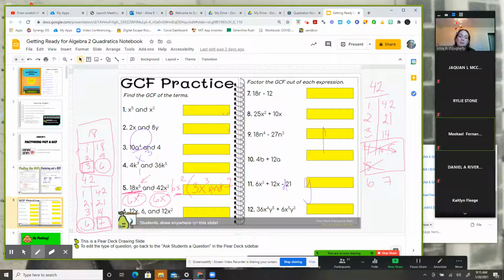So 42 divided by 6 is 7, and x squared divided by x squared is just 1. So inside my parentheses is what's left over after I do the division. Oh, okay, thank you. I was parsing for it. I just put the 7. Okay. It's going to make more sense as we do more examples, especially on the second side.